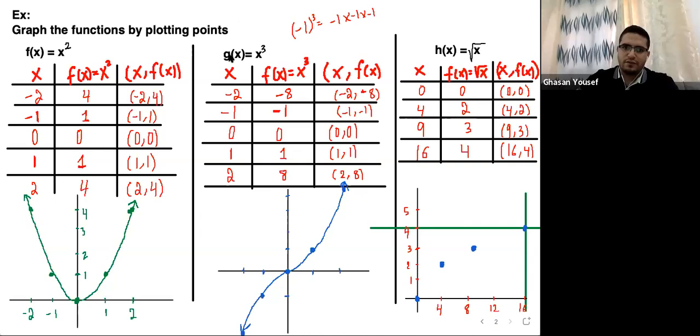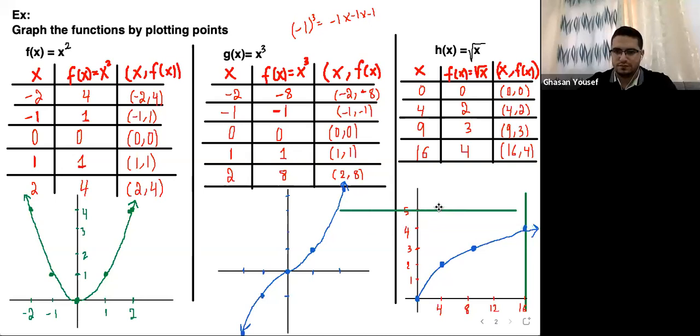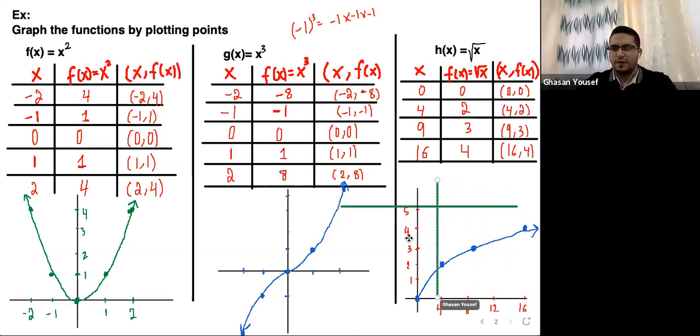Now the curve for this should be like from 0 goes up like that. This is the curve for this function. Okay, any question for this example?